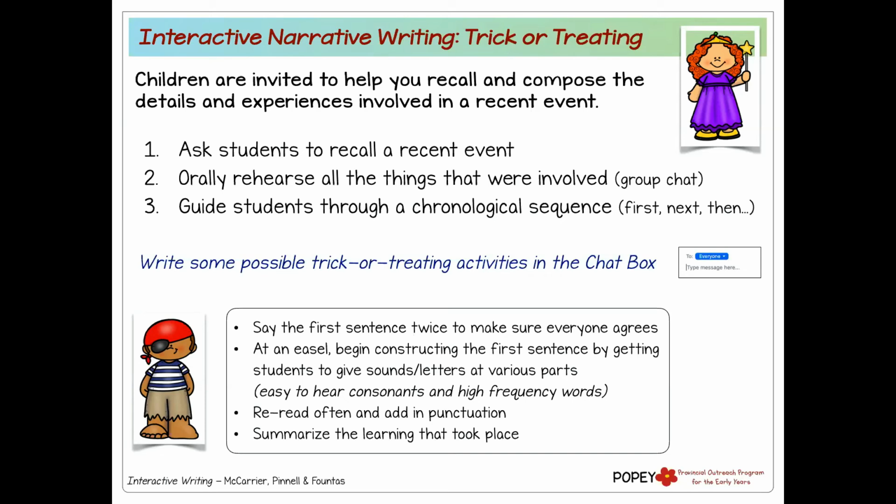We can have them share beginning sounds, punctuation, all of those different things as we're working through the process. So we're not only involving them in the content, but the actual process of writing in a way that's really engaging for all of our students, and it's actually naturally differentiated as well.